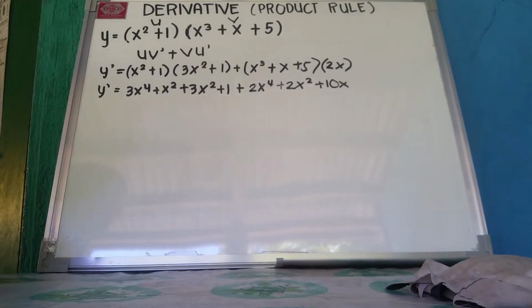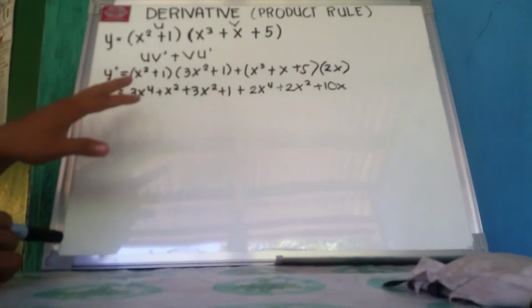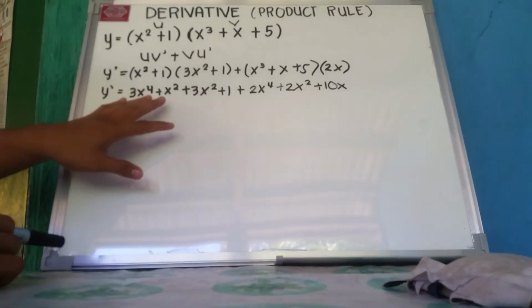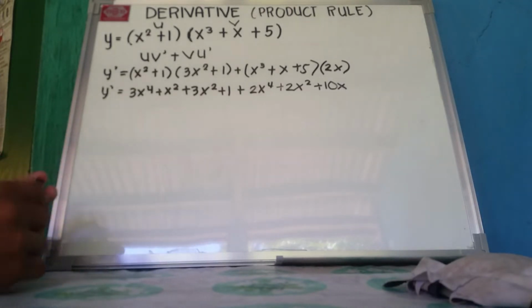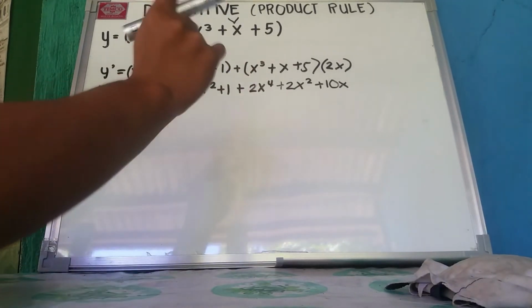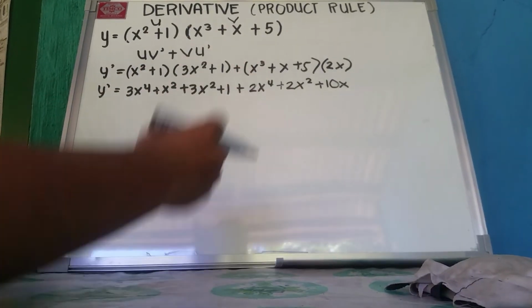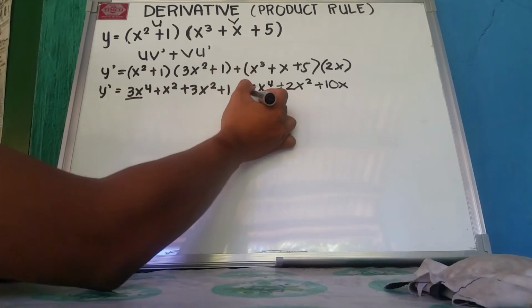Now, the next step we need to do is to simplify this term. We need to combine the like terms. So the first like term that we need to combine is this one and this one.